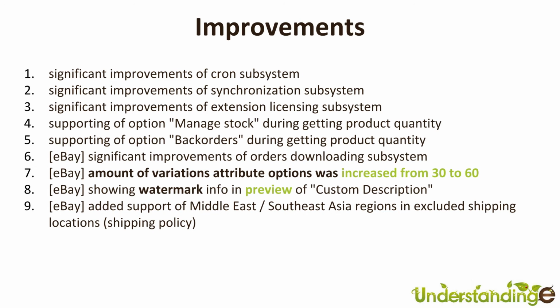That's probably going to be a slicker method. We've also got the option for manage stock during getting product quantity. Remember, when you're actually editing products, or you've got a product which has got stock on there, there's 2 options. You can allow Magento to manage stock, or you can tell Magento to ignore stock levels. So I'm pretty sure that's what it's going to go with.